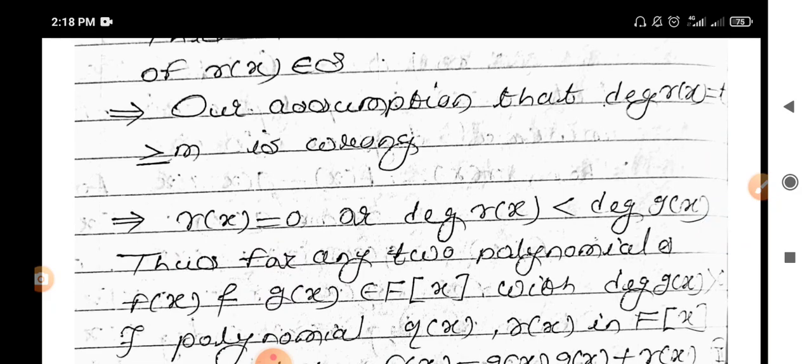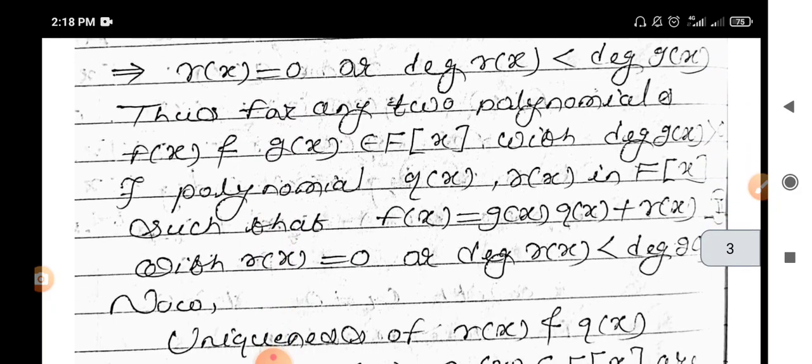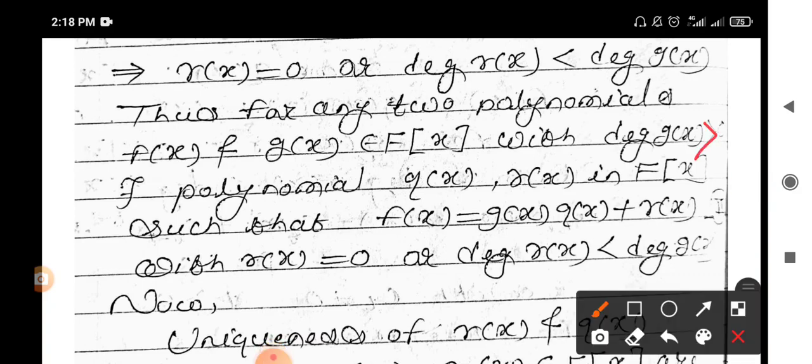Therefore for any two polynomials f(x) and g(x) belonging to F[x] with degree of g(x) strictly greater than 0, there exist polynomials q(x) and r(x) in F[x] such that f(x) can be written as g(x) into q(x) plus r(x), called equation number 1, with r(x) being 0 or degree of r(x) less than degree of g(x).